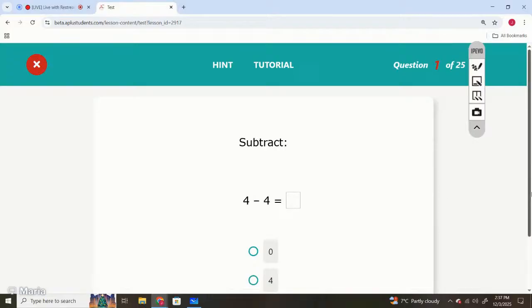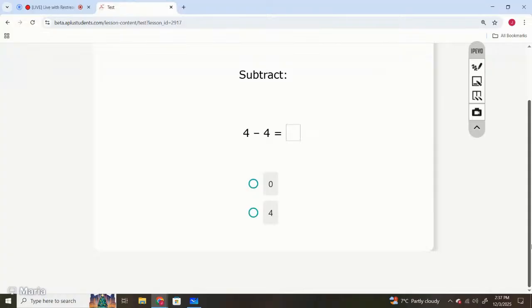So subtracting a number from itself always makes a 0. So 4 take away 4 is 0. 5 take away 5 is 0.